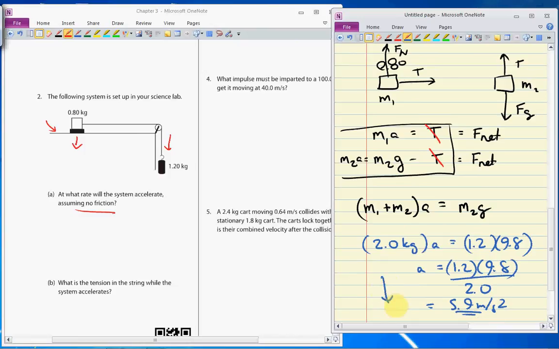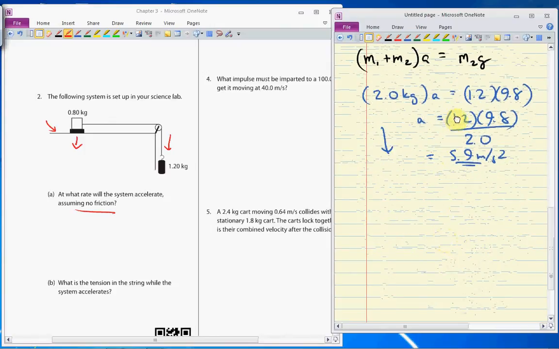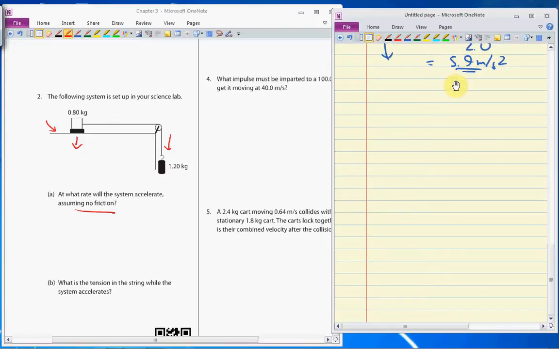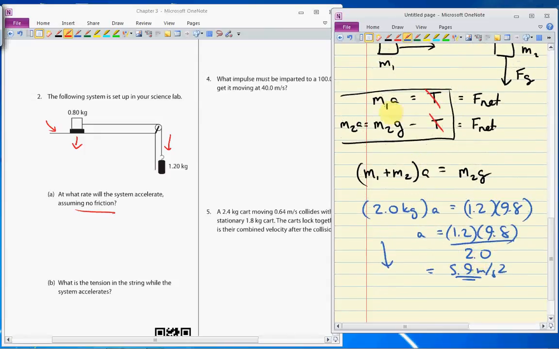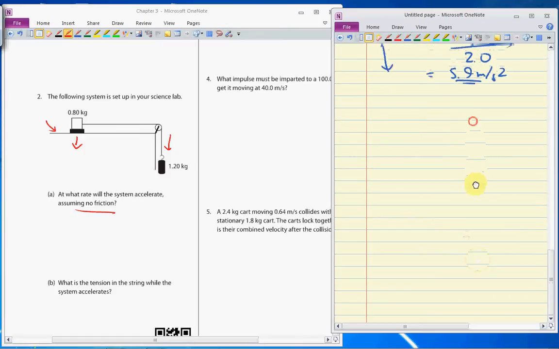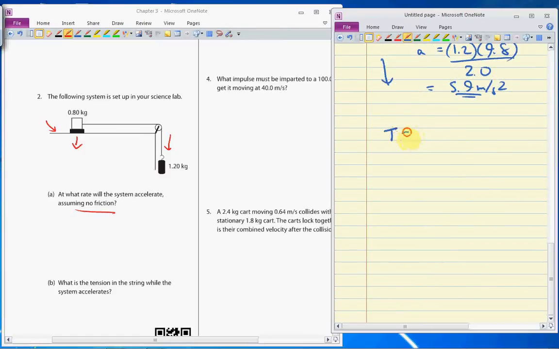Okay. It says what is the tension in the line for part 2 there. For here, we would return to our previous formula, which was that M1A is equal to tension. Tension is equal to M1A.